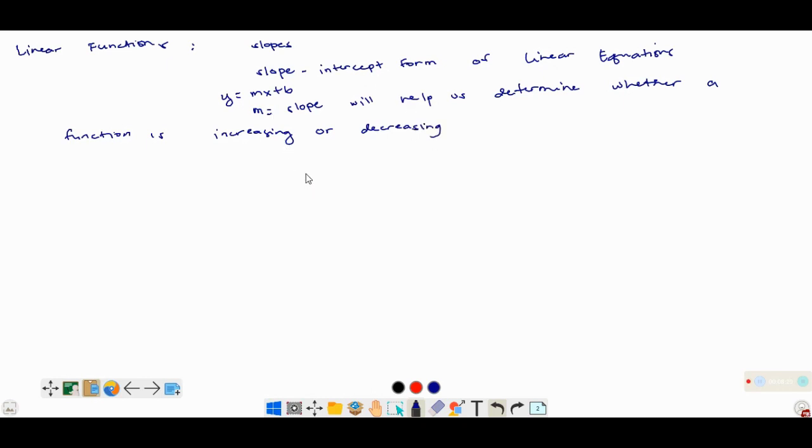How? So slopes are important in finding the behavior of the function within a given interval. For linear functions, to determine whether it decreases or increases, just look for the slope.